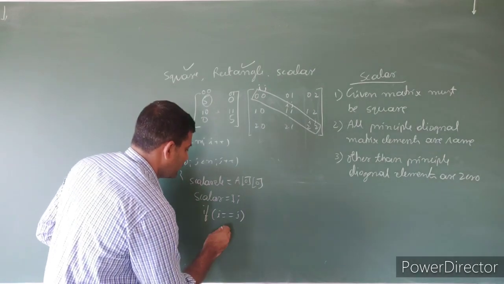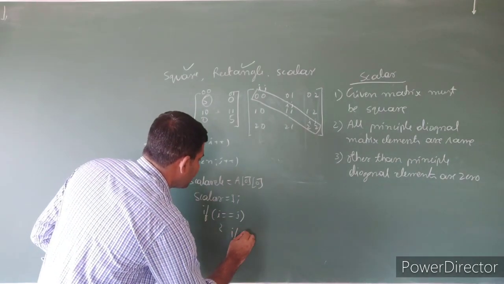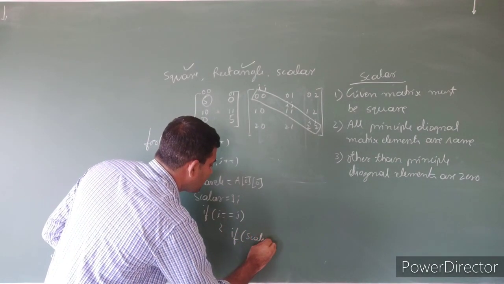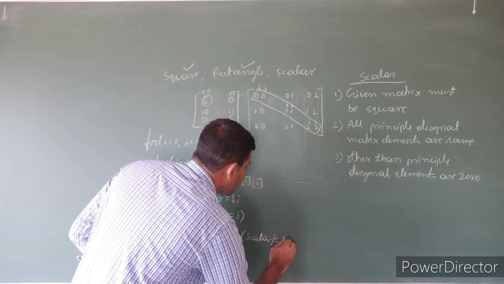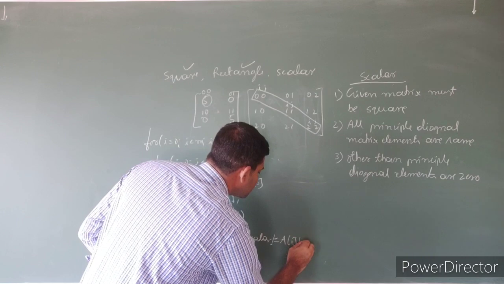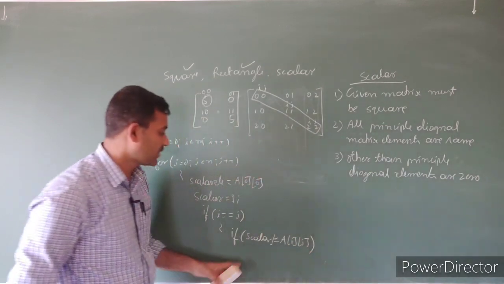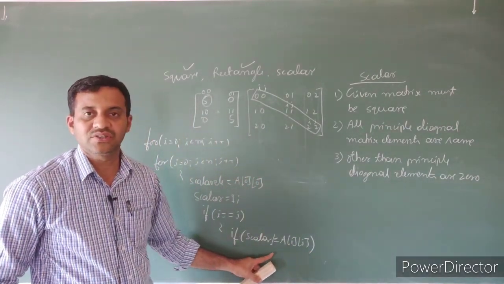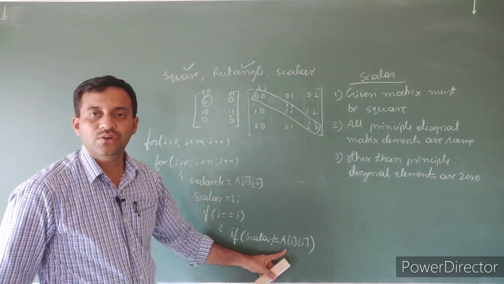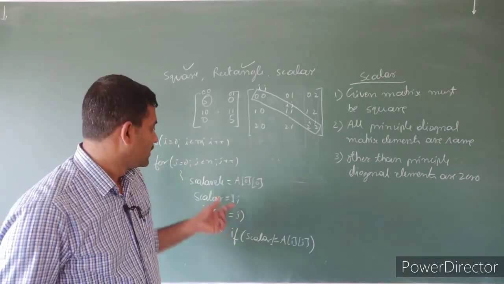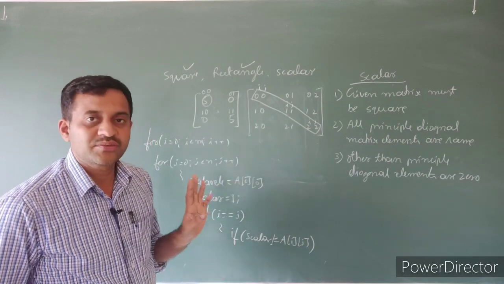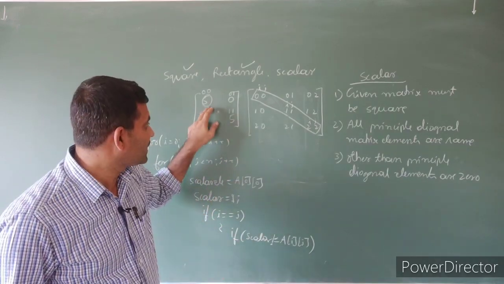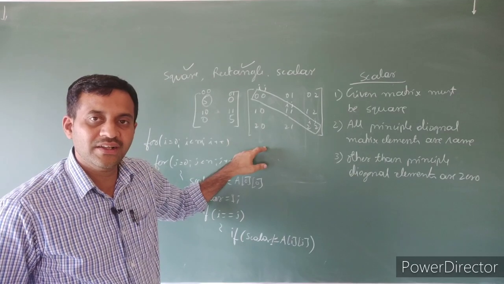Under the if, again we have to verify if scalar element is not equal to a of i j. What is the condition? See the condition: not equal to a of i j. The scalar element is the same for all the principal diagonal elements.